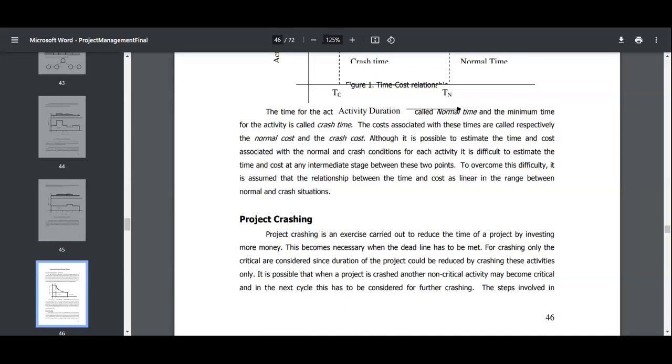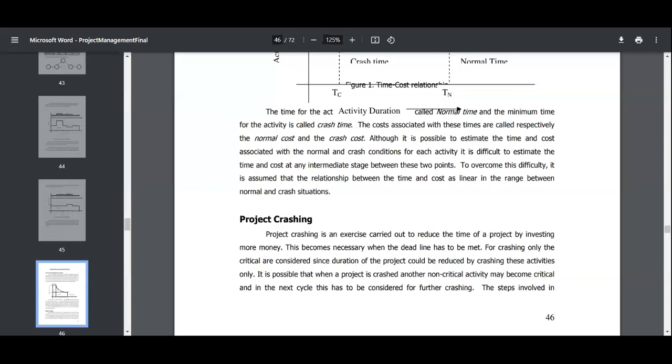So there are normal and crash conditions for each activity, and sometimes it is difficult to estimate the time-cost for any intermediate value between these 2 points. To overcome that difficulty, it is assumed that the relationship between time and cost is linear in the range between normal and crash situation. Yes, it depends because both depend on each other.